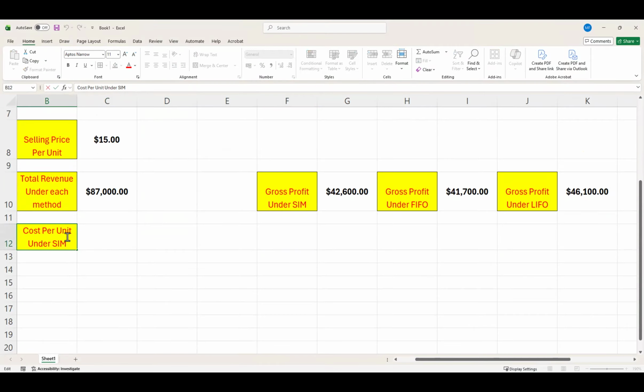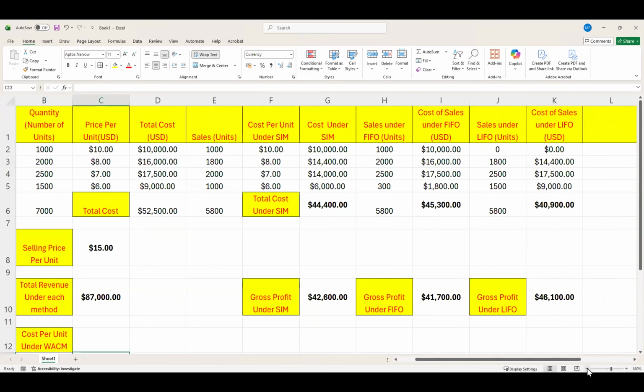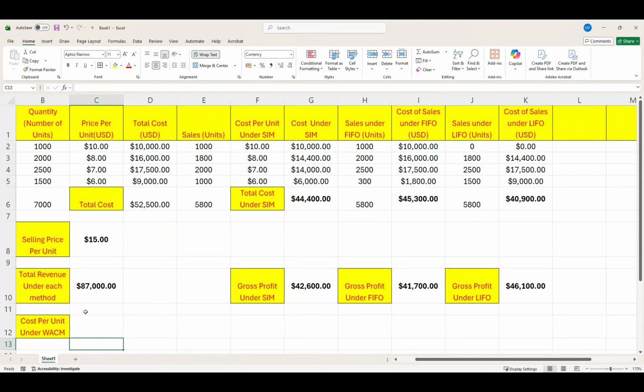Under the weighted average cost method, let's call it WACM, I'll reduce the font size a little so it is visible on the screen. Can you tell me which two cells I should divide to get the cost per unit under weighted average?